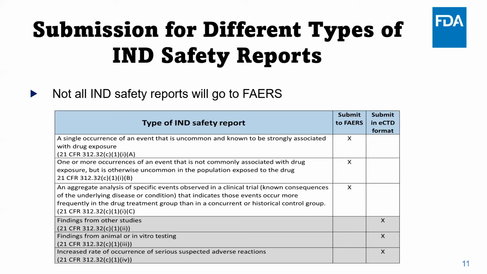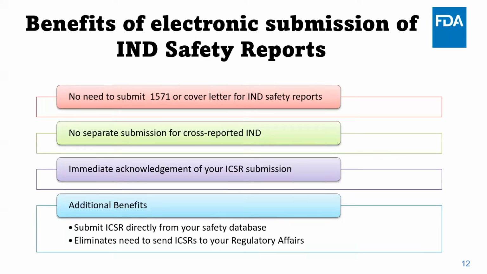So these are the different types of reports that could be submitted in an electronic fashion for IND safety reports. Mostly it is IND individual safety reports that are to be submitted. This part of the slide is more applicable to the industry reporters. But again, if there is a healthcare professional from the industry side, you can see that this really helps your organization, saves time and effort in not submitting certain types of information.